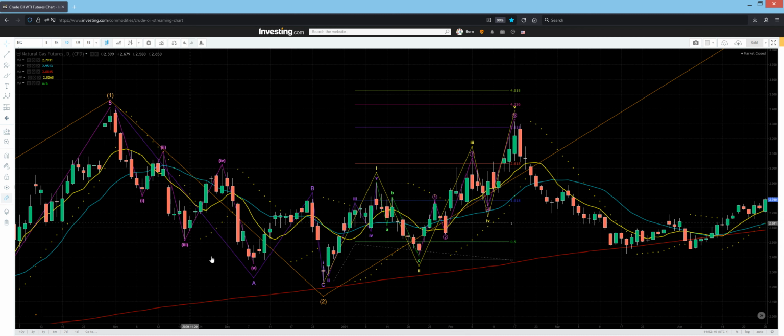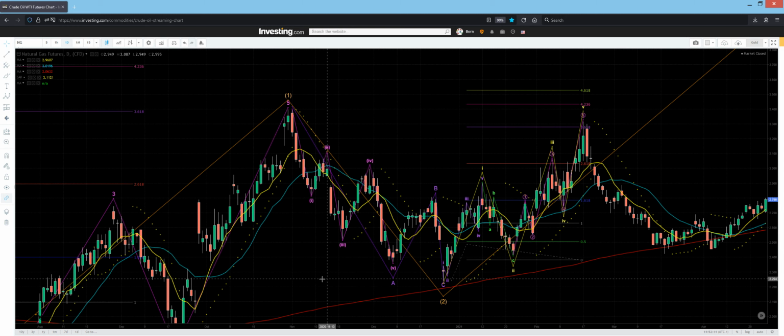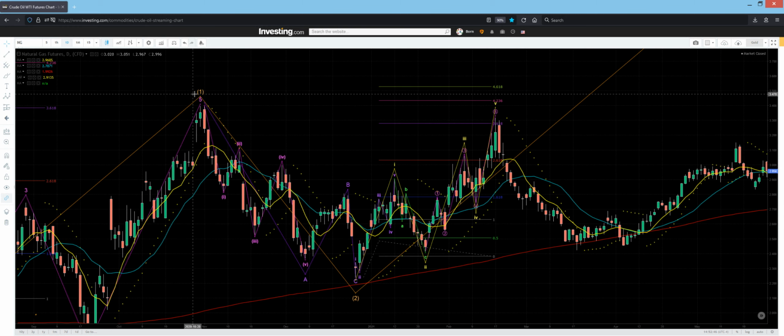So if we go A from this leading diagonal into a very obscure looking B, this is a B. You can bring it down to an hourly or 15-minute chart. And then C with this gap just goes in here. You can't really count 5 waves in a gap. That's just the way it is.